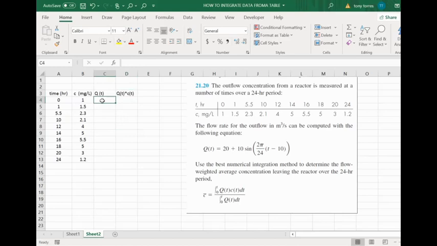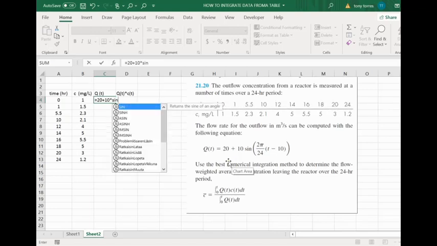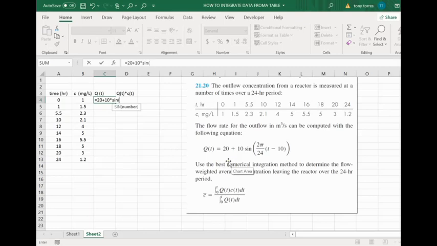Now, what we're going to do is get Q first of all. So we write this equation down here. That would be the flow. That would be 20 plus 10 times the sine of 2 times pi, let's get pi there, divided by 24.